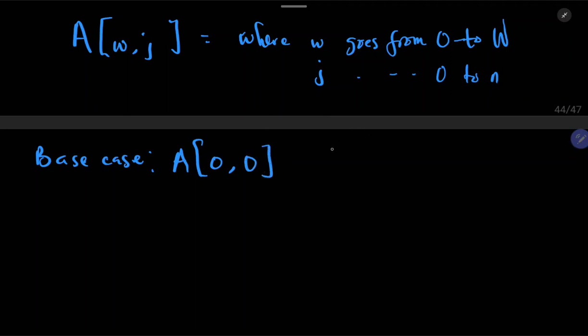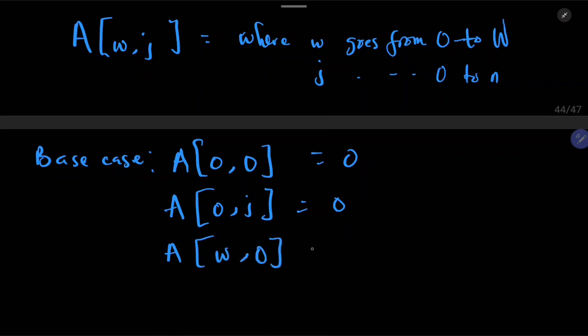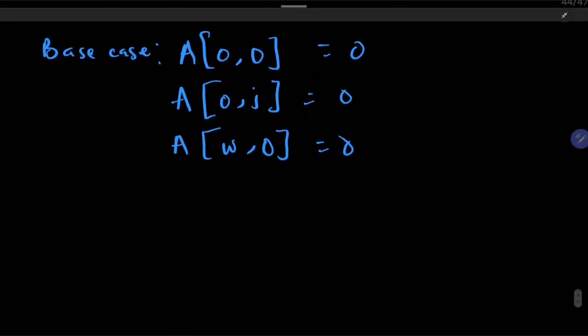This is our base case, and for it we have 0. This is also a base case: J with weight 0 gives us zeros. Weight but no item also gives us zeros.